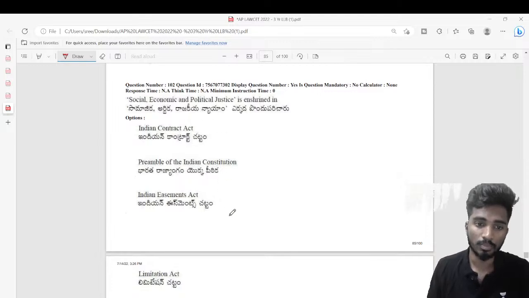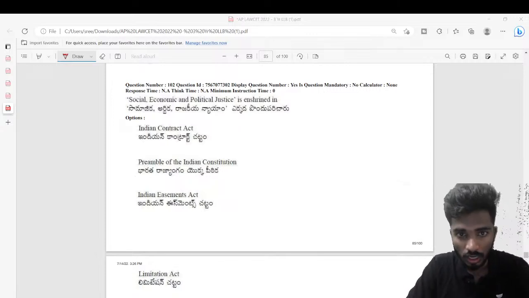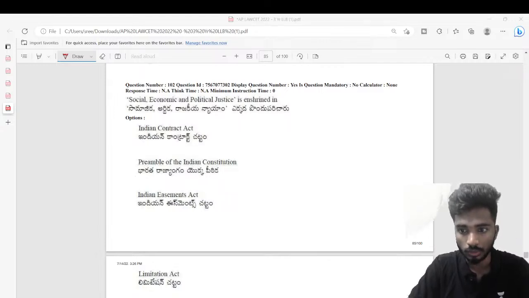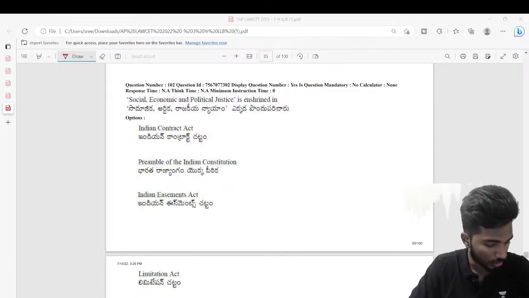Social, economic and political justice is enshrined in... సామాజిక, ఆర్థిక, రాజకీయ న్యాయం ఎక్కడ పొందుపరిచారు? ఇండియన్ కాంట్రాక్ట్ చట్టం, భారత రాజ్యాంగం యొక్క పీఠిక, ఇండియన్ ఈజ్మెంట్స్ చట్టం, లిమిటేషన్ చట్టం.